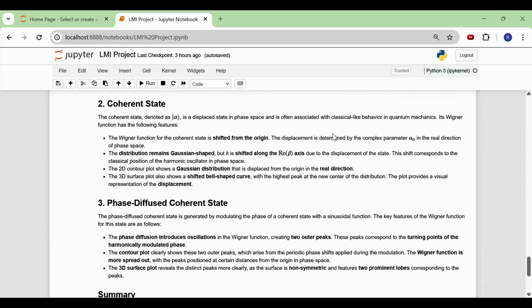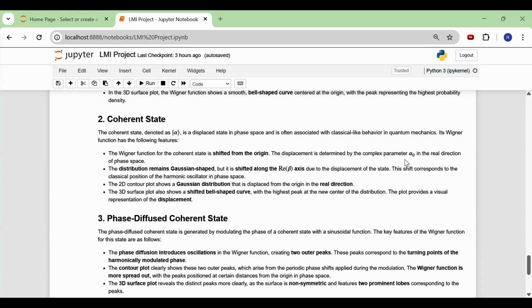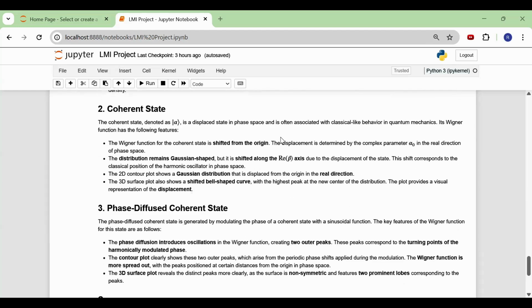Now, talking about the coherent state, which is denoted as alpha, the Wigner function for the coherent state is shifted from the origin, and the displacement is determined by the complex parameter alpha naught, which is defined in the above code.